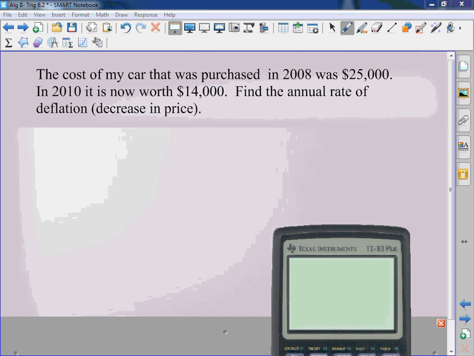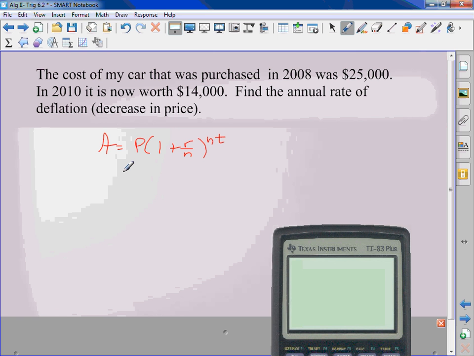For this problem, I'm still using the same formula. A equals P times 1 plus R over N to the NT. The final amount. Now, N is not going to play a part in here because, like some of you said, it's annually.